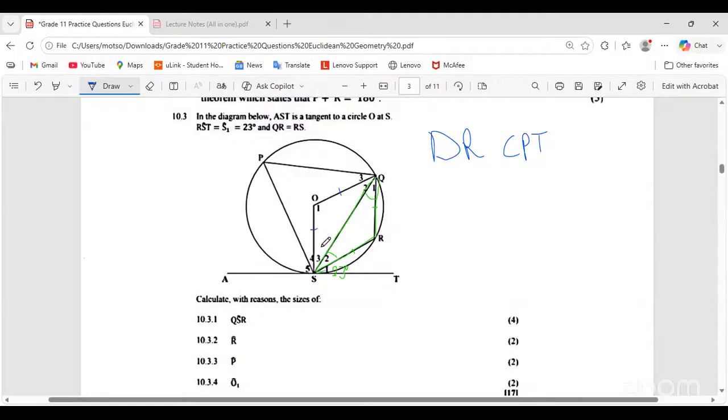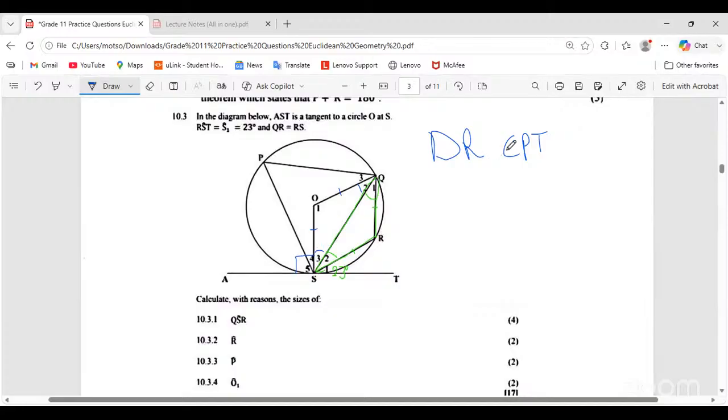Triangle SOQ is an isosceles triangle. Therefore, angle S3 is equal to angle Q2, reason being angles opposite equal sides. We have a radius and a tangent here, therefore this angle will be equal to 90 degrees, reason being a radius is perpendicular to the tangent. You guys know that theorem.